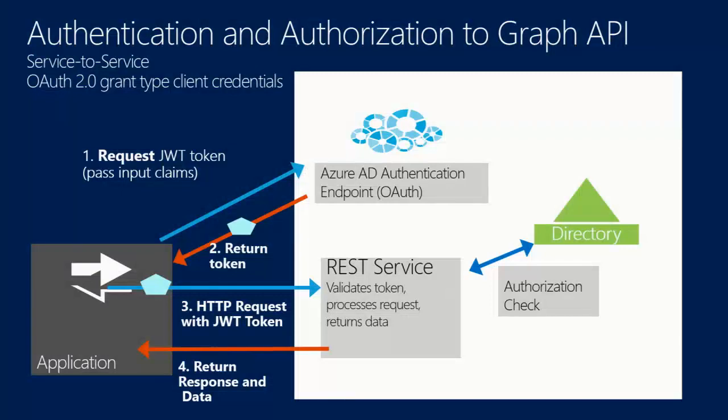Now, authentication and authorization. Not my favorite topic, but in order to call the Graph, I'm as mindful of security and controls as anybody. It's basically your ticket to get to the party, to get to the Graph, and I do have to make sure that I do it in the right way.